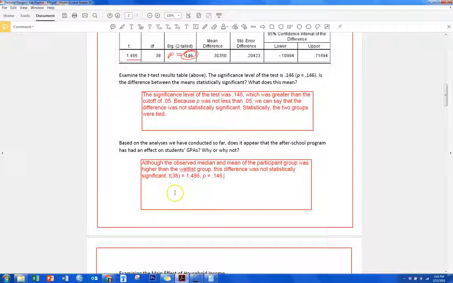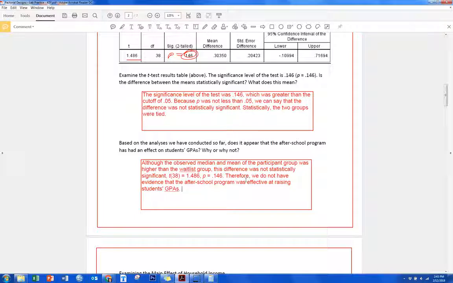So this tells us the tests we're running, the degrees of freedom, the test statistic value, and exactly what the p-value is. We can see this is not less than 0.05, so this is not a statistically significant result. Therefore, we do not have evidence that the after-school program was effective at raising students' GPAs.